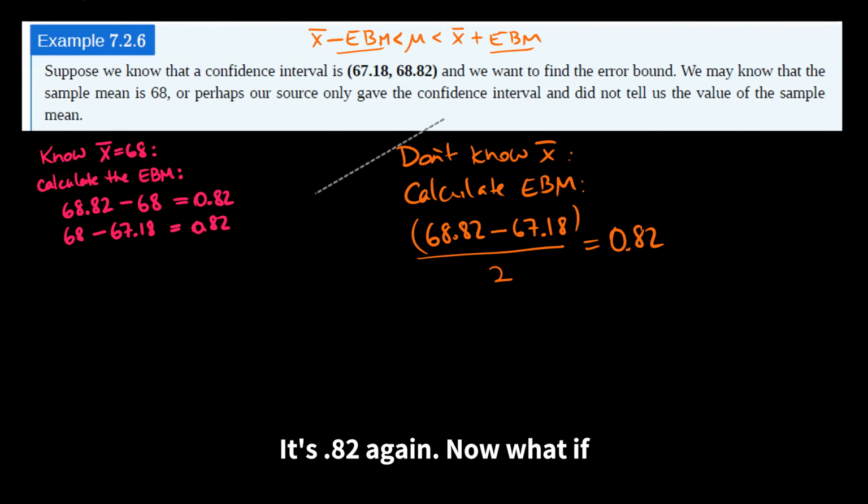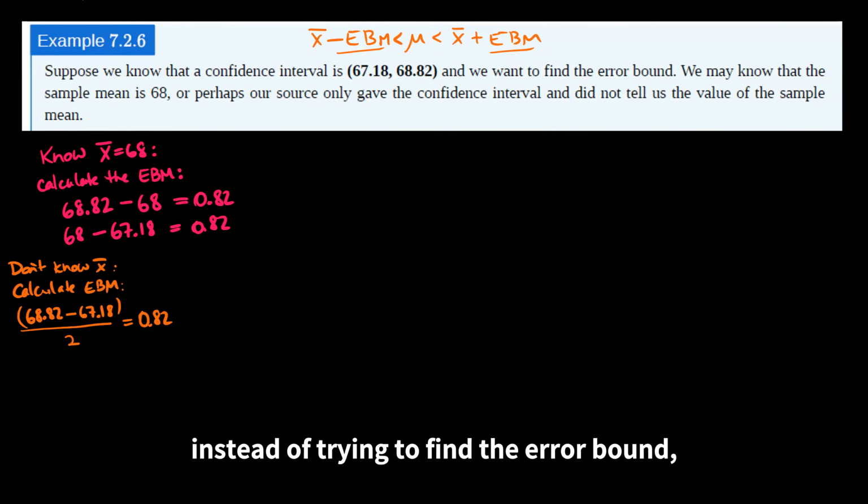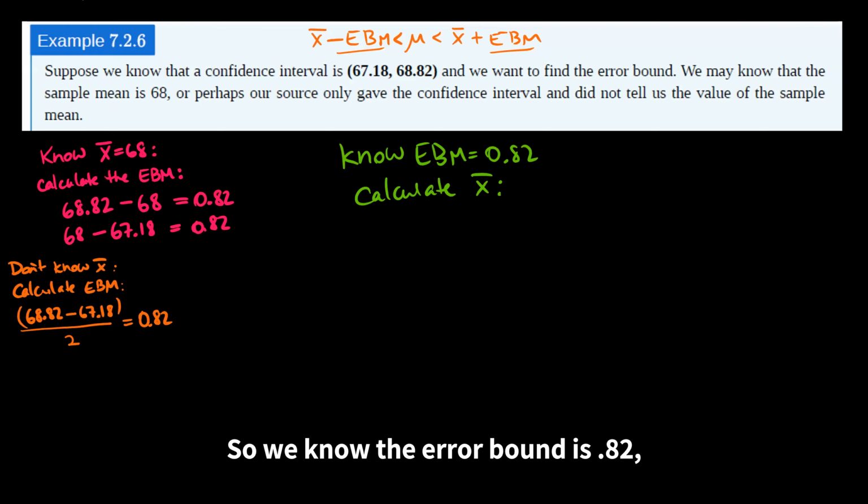Now what if, instead of trying to find the error bound, we need to calculate the sample mean? So we know the error bound is 0.82 and we need to calculate the mean. We can do something similar as we did in the first part of our problem.